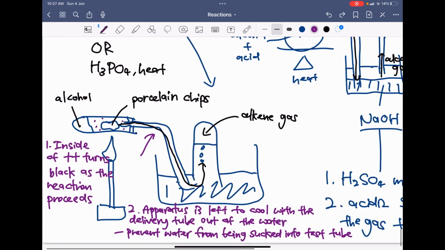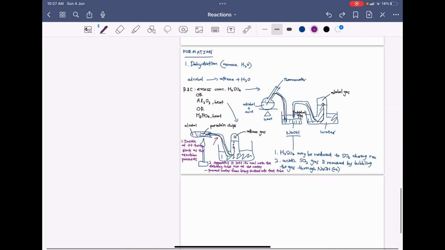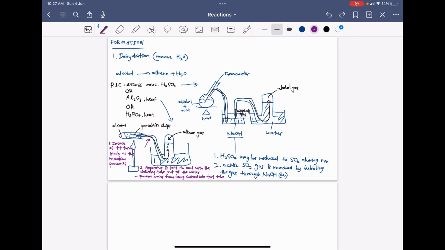Everything's ruined. So you need to remove it. Okay. So that is how we get alkenes from alcohols. And a really important thing to note here would be Zaitsev's rule.